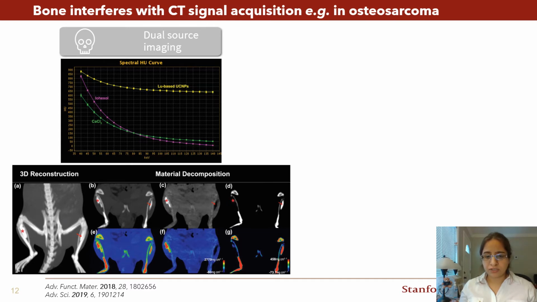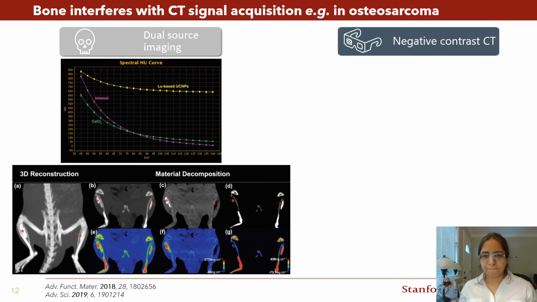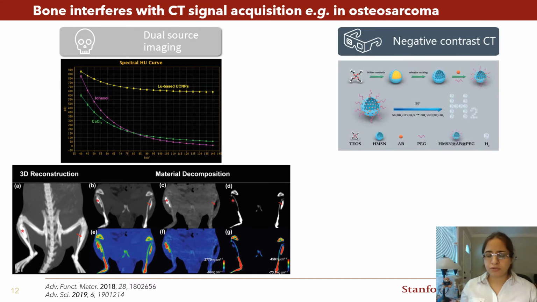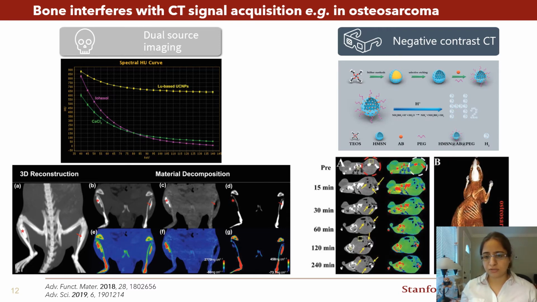Whereas in conventional CT, they could not really separate the signal from these two instances. The same group also looked at the possibility of using negative contrast CT material, that is the generation of gas in situ using nanoparticles, and then tried to distinguish the osteosarcoma from the bone using these contrast materials.